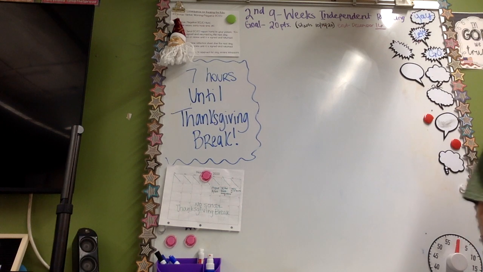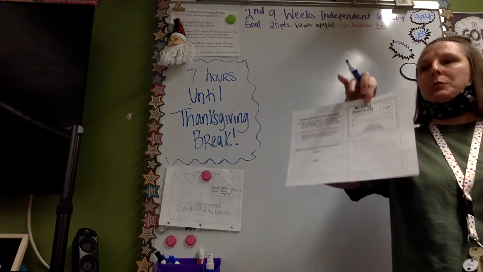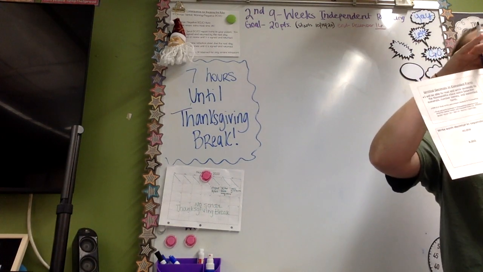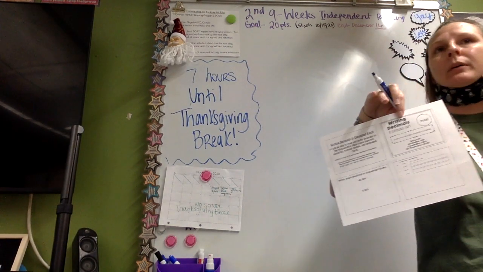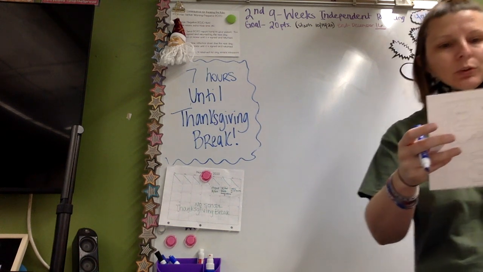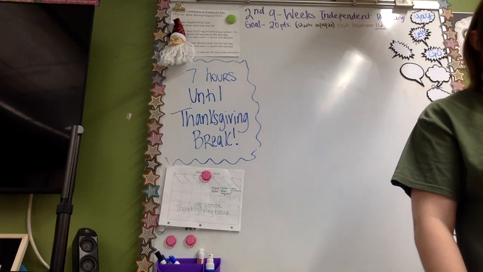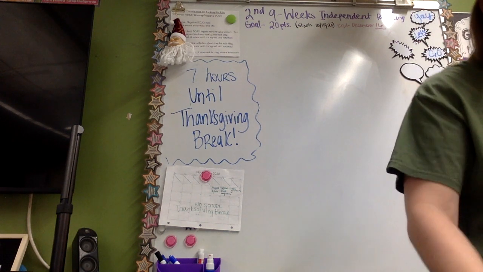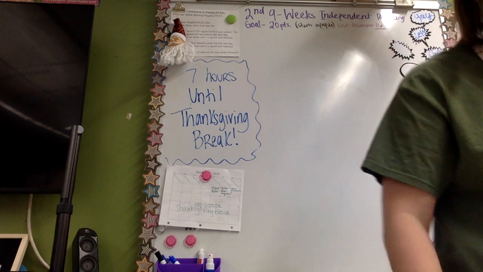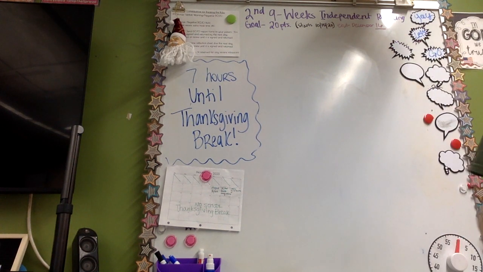Okay? So if you'll look at your paper, where it says writing decimals in expanded form. Everybody look at that. Don't look at me, look at your paper. That shows you how to break it down using fractions.